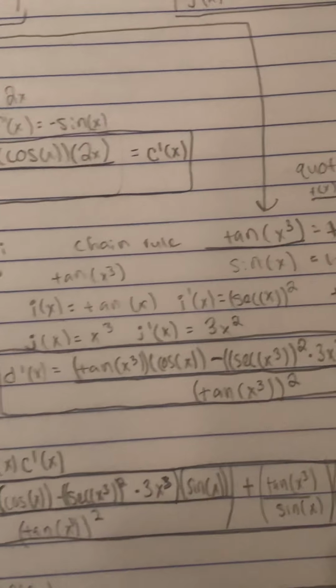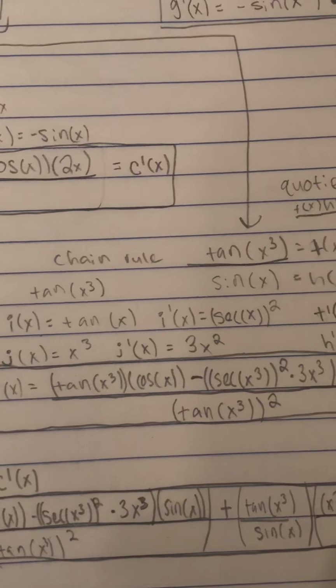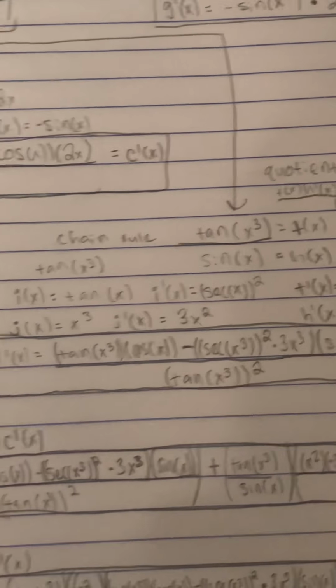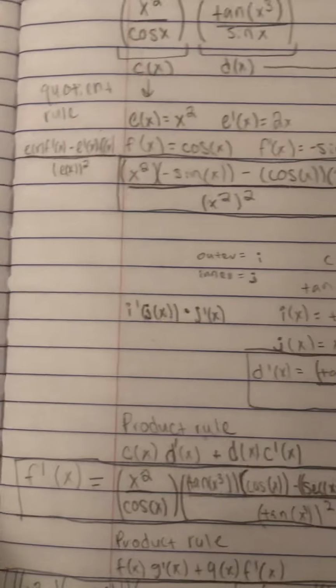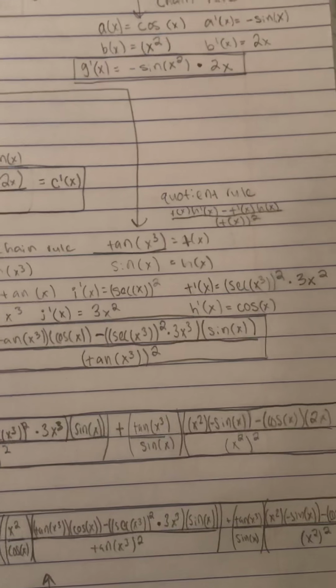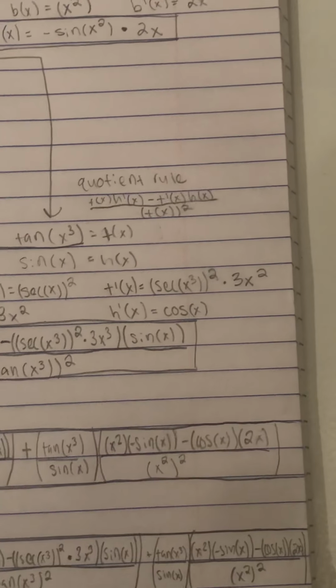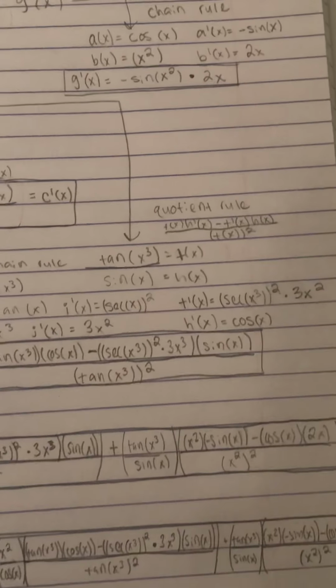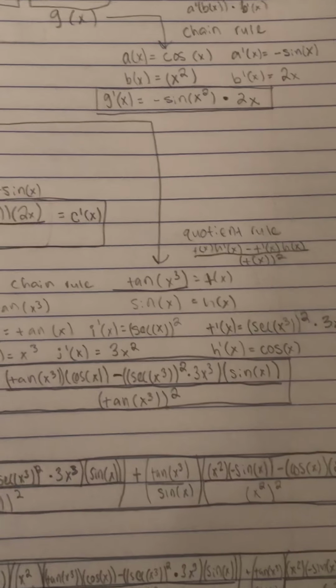The i prime of x would be secant x squared, and j prime of x would be 3x squared. So the chain rule would be secant x cubed squared times 3x squared. And that was the derivative of t of x, which is tangent x cubed.